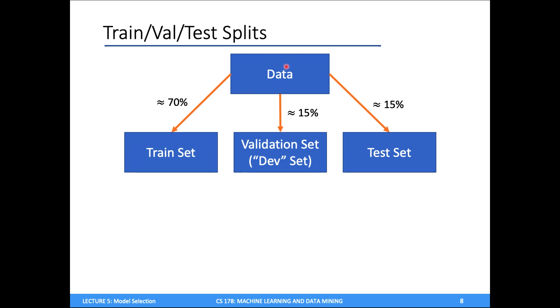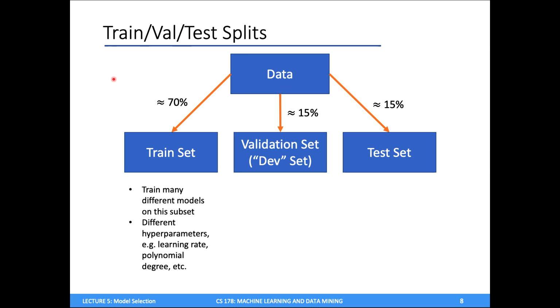The idea here is we take some big data set we have, and we might say take 70% of this data and split it off into a training set. We can take another 15% of this data and create a new subset, which we can call our validation set, also sometimes called a dev set or a development set. And with the remaining 15% of our data, we can create a third subset called the test set.